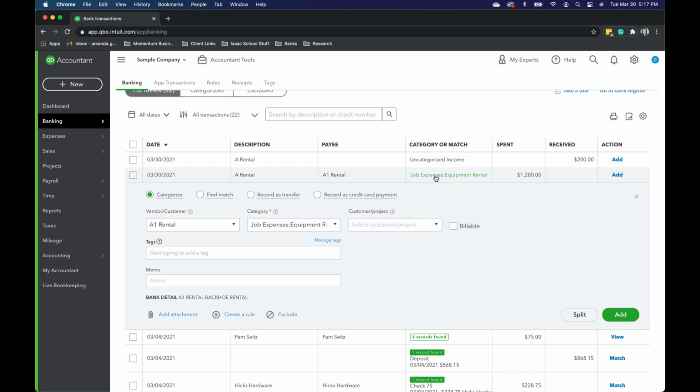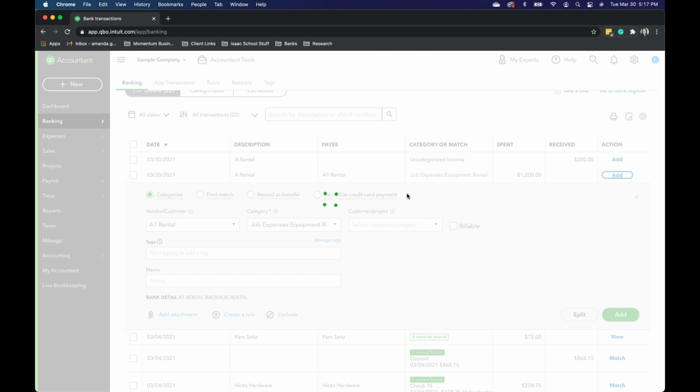And so QuickBooks is turning this green to let you know that, hey, we've seen this before and we have a pretty good idea this is what you did. But always review them, because there may be other things that you do with A1 rental that aren't renting equipment. So just keep that in mind as you're reviewing your expenses and your other transactions. But this is correct, so we are going to add it.